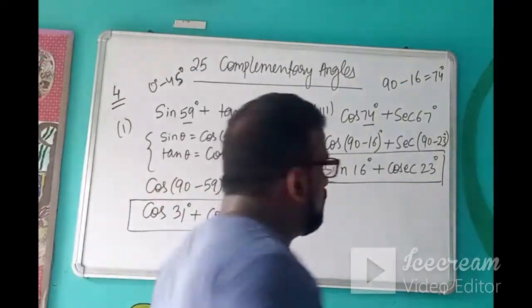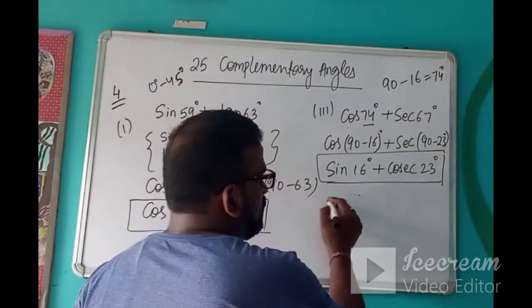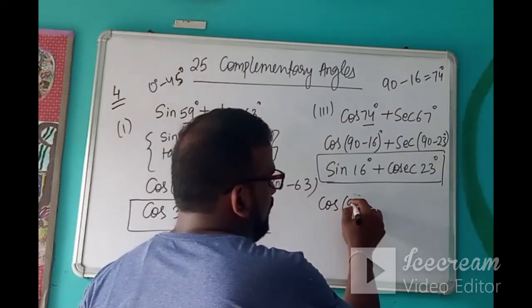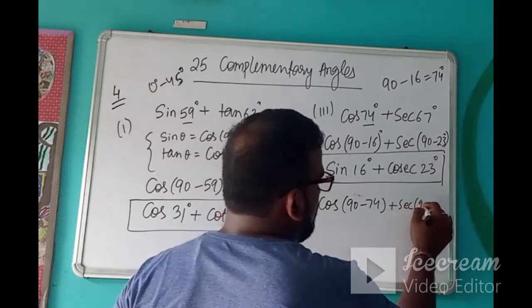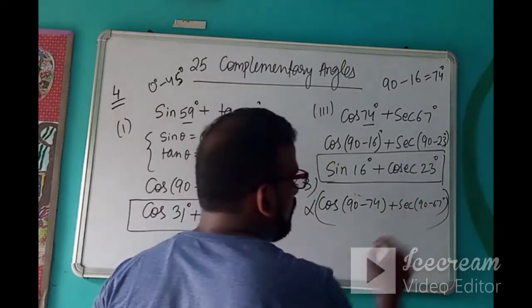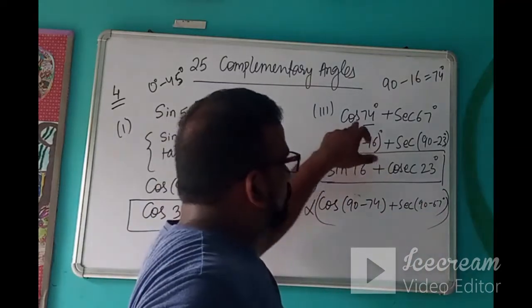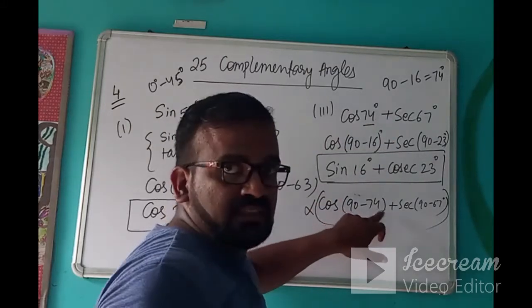The most frequently occurring mistake students make is that you write cos 90 minus 74 and then you write sec 90 minus 67. Okay, this is absolutely wrong. If you are replacing the angle, then do not write it like this. It is absolutely wrong.